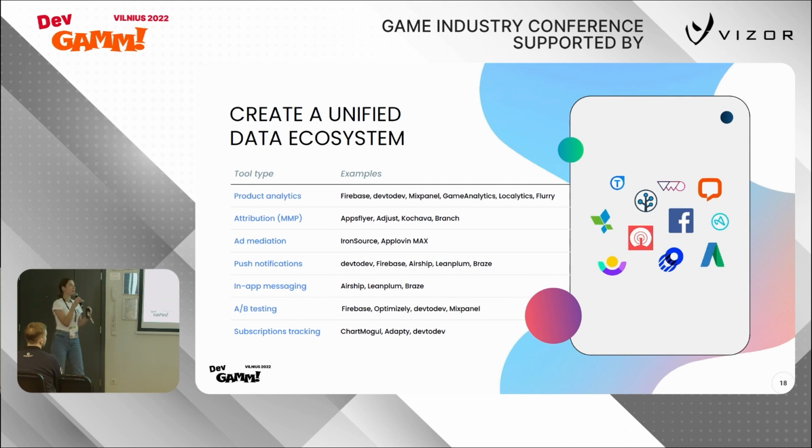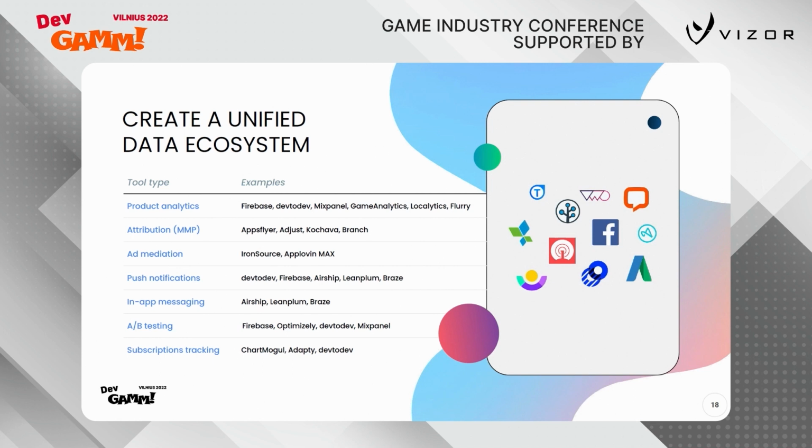Make sure that you have integrations with attribution platforms such as Adjust or Appsflyer, with mediation platforms such as Max or ironSource, with push notification services, in-app messaging tools, A/B testing tools, and subscription trackers if you have subscriptions. As you can see here, I mentioned some names, and some of these tools perform several functions at the same time. So I think it's really useful for making your tech stack simpler and more efficient to use fewer tools if some of them already perform several functions.